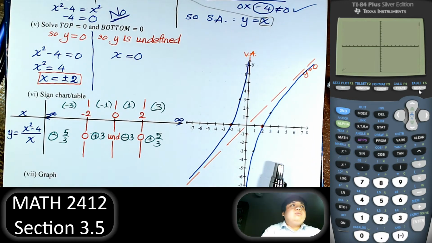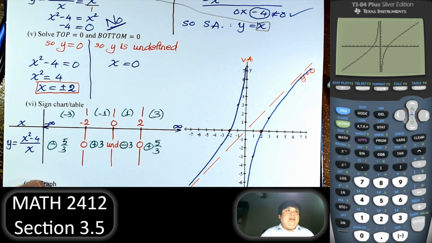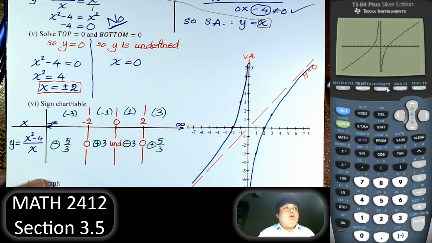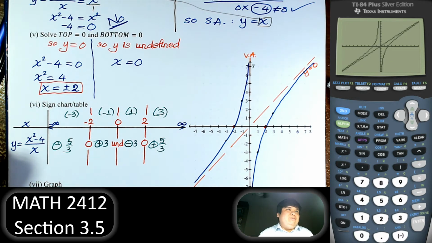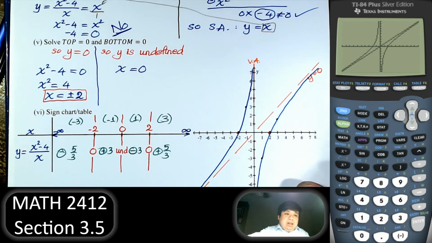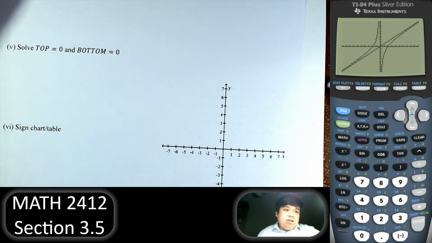Let's draw the slant asymptote as a dotted line. Right, simple enough. Let's try another example.